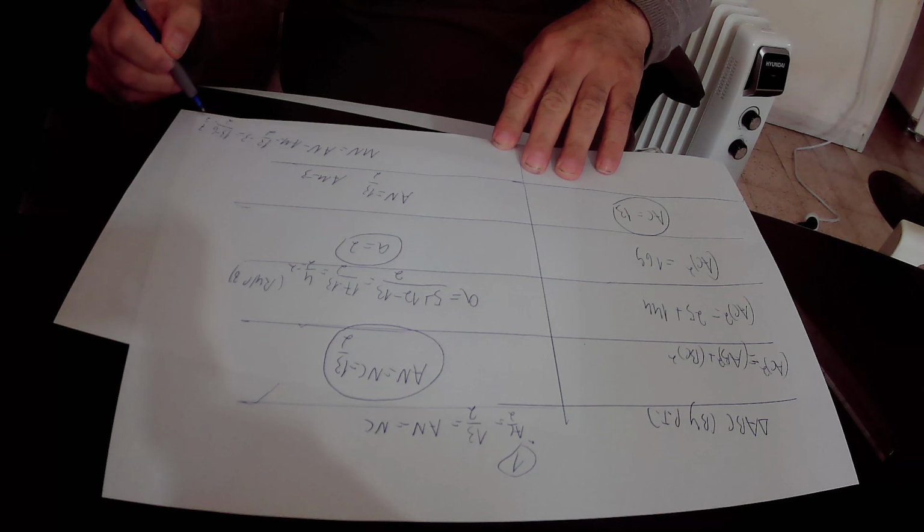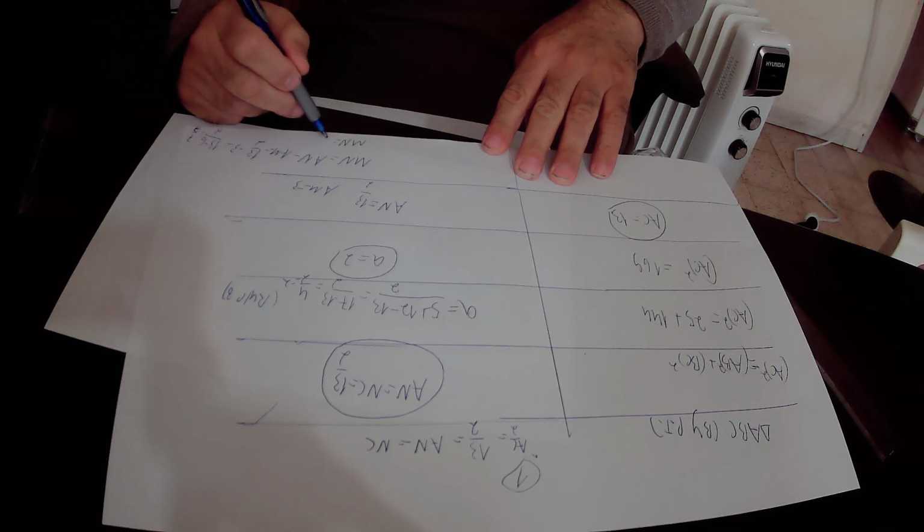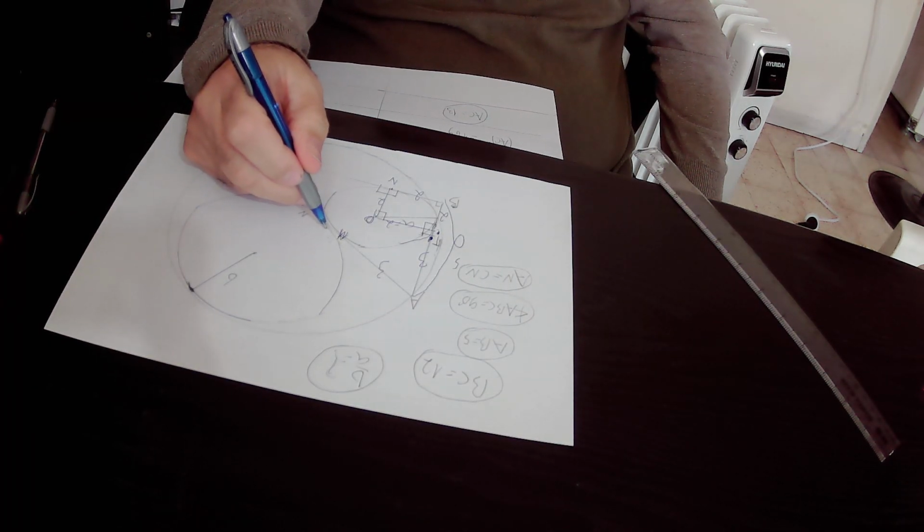So in total, we found out that MN equals 7 over 2 units in its length.